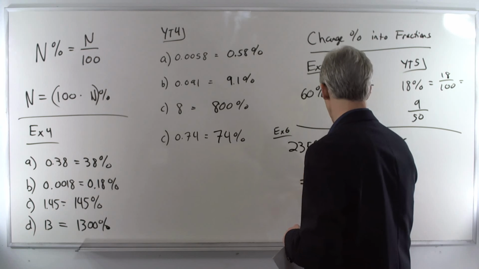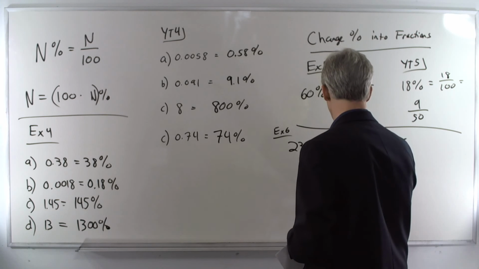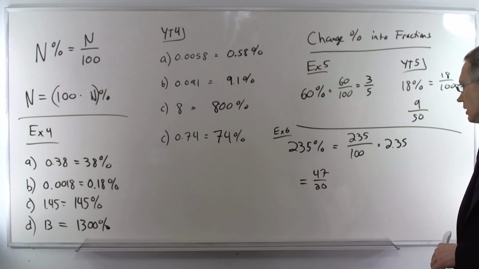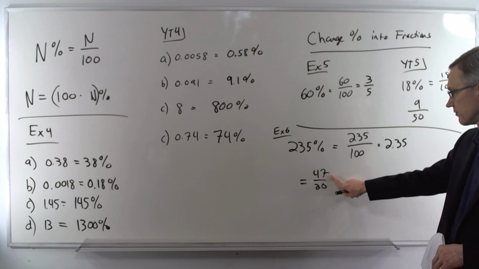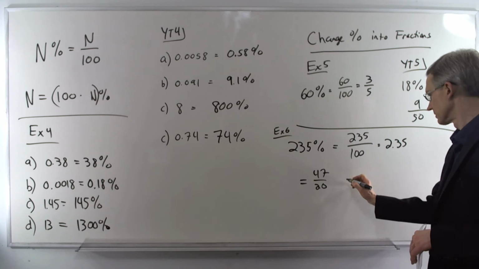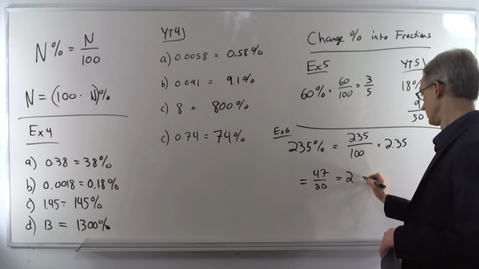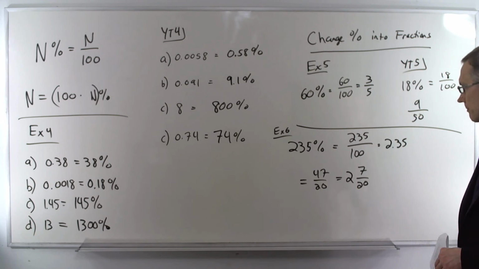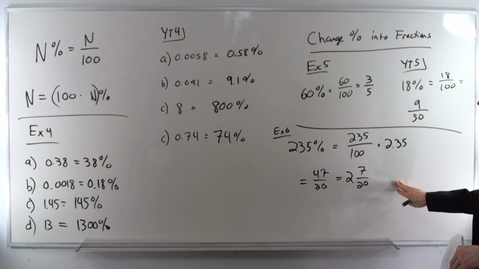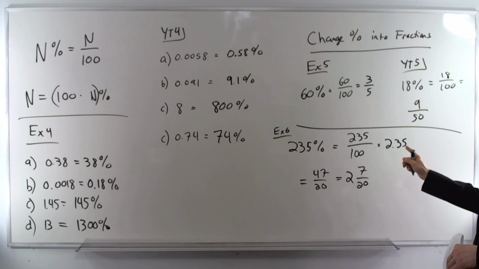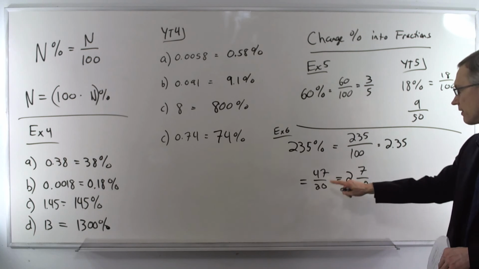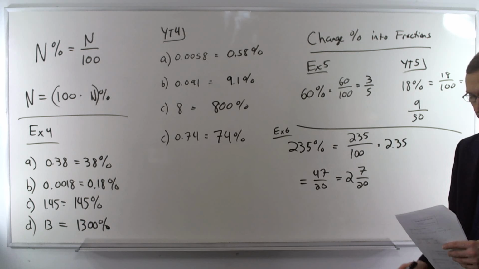So this could also equal 47 over 20. So there's reduced form. And then calculators will often convert between this form and mixed number. So just make sure you can do all of these conversions with a calculator. We need to be able to go between all these different forms. Percent, decimal, fraction, improper fraction, mixed number.